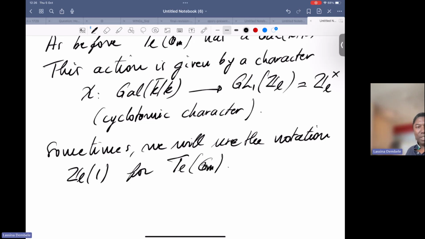What this notation means is that it's simply saying that the Galois group acts through the first power of the cyclotomic character.